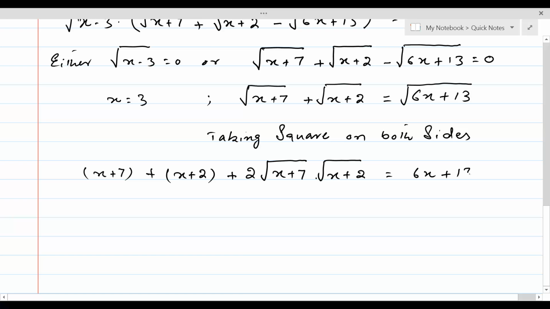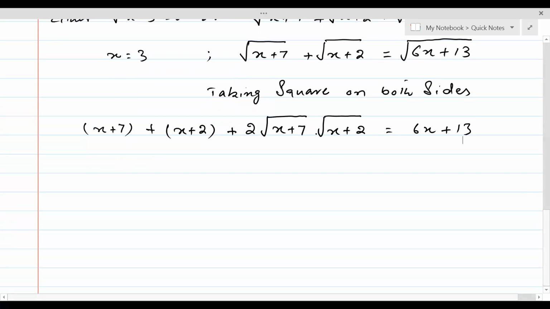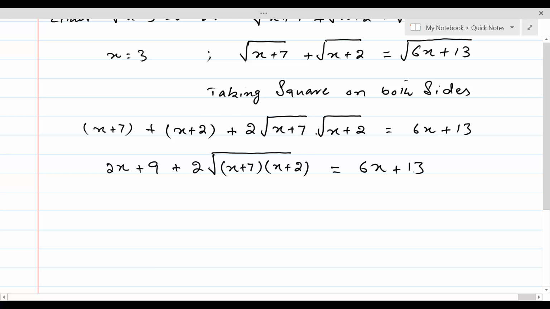And now we simplify, and the terms on the left-hand side when added will become 2x plus 9, plus 2 times, we can write both factors inside one square root, x plus 7 times x plus 2, equal to 6x plus 13.